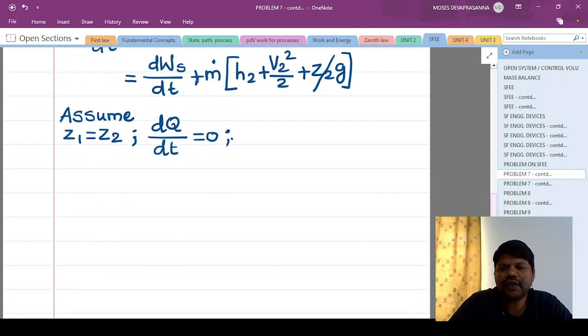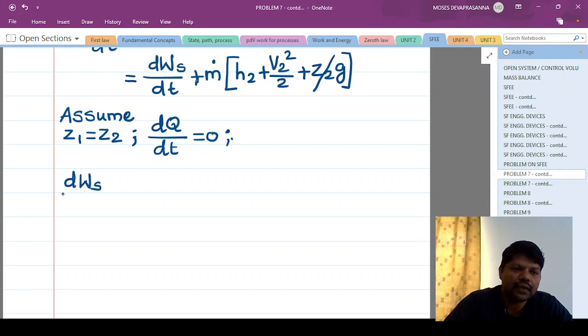And in a diffuser, we should know that there is no work transfer involved. That means shaft work, dws by dt, rate of shaft work, is absent for a device like a diffuser. So this is not an assumption, this is the fact. So dws by dt is equal to 0 for a diffuser.